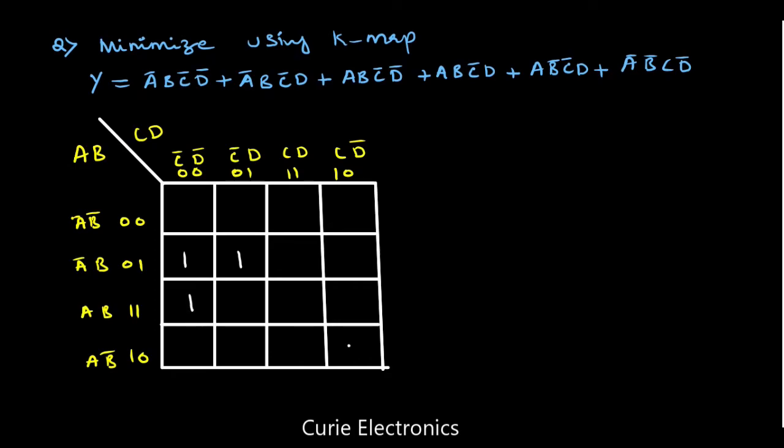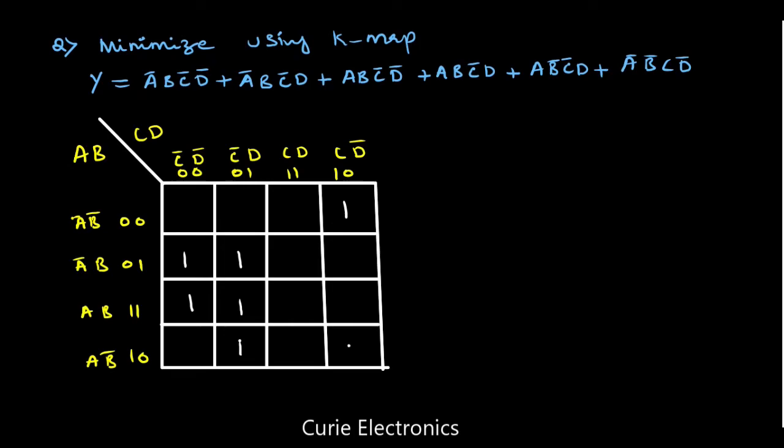Next, A B C bar D. A B bar C bar D. A bar B bar C D bar. Is it right? Yeah, let's simplify it now.